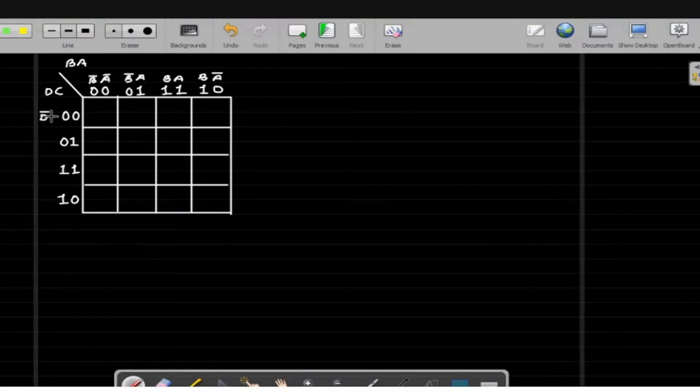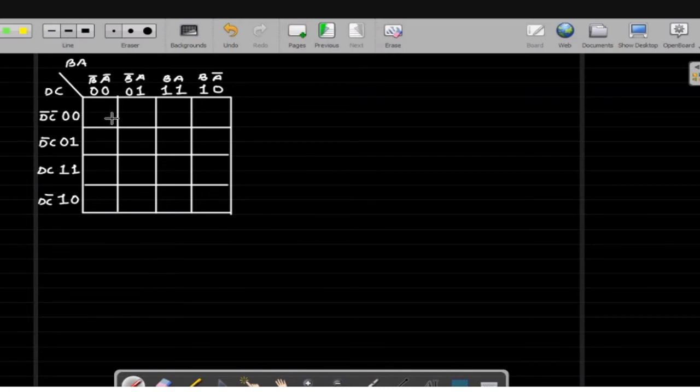And what about this? This is D bar C bar, this is D bar C, this is D C, and this is D C bar. Of course, row and column wise, if you group all the minterms, the first minterm will be all 4 zeros.